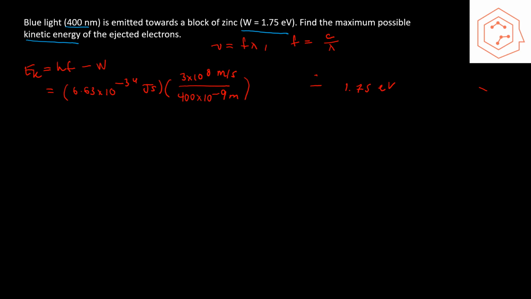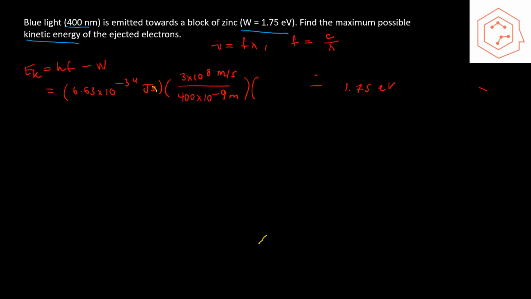Now, before we can actually calculate this, we notice that over here, our equation is in joules, since seconds is going to cancel with this seconds, meters is going to cancel with meters, so we're ending up with joules. But on the right-hand side, we have electron volts. And so to keep everything consistent, we can either convert electron volts to joules or joules to electron volts.